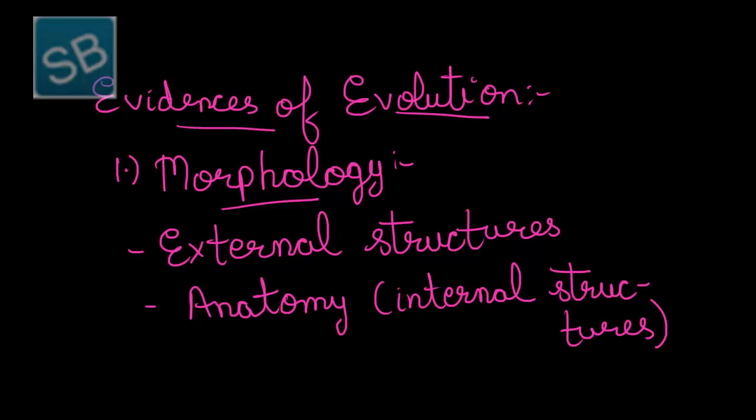These structures, that is external and internal, provide simple evidences of evolution. The evidences of evolution from morphology and comparative anatomy can be given in the following manner.